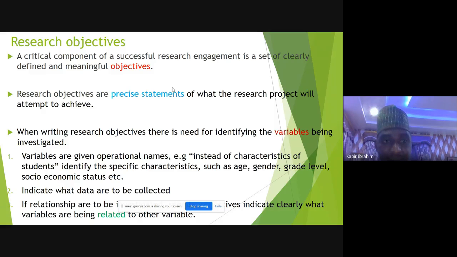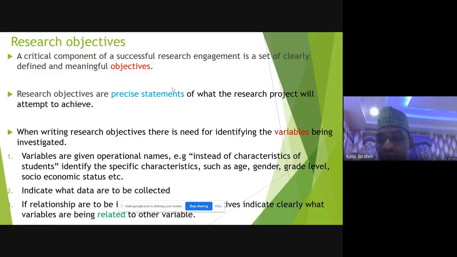So whenever you are trying to write objectives, there is need for identifying the variables that you want to investigate. You must bring out the variables. One, the variables must be given operational names. I will give an example here.